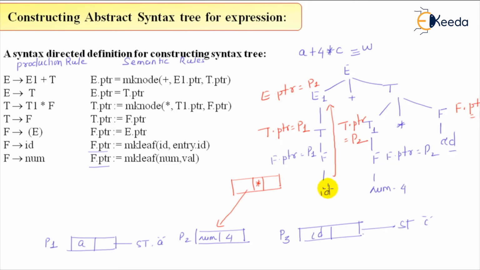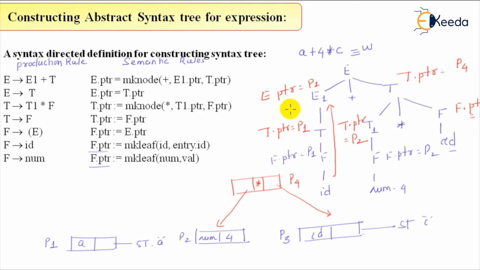And this one, e and f dot ptr. F dot ptr is p3, so this will point to here. Then that value will be stored in t dot ptr. This is the node, and let me call it p4. So t dot ptr will be equal to what we have assigned, p4.